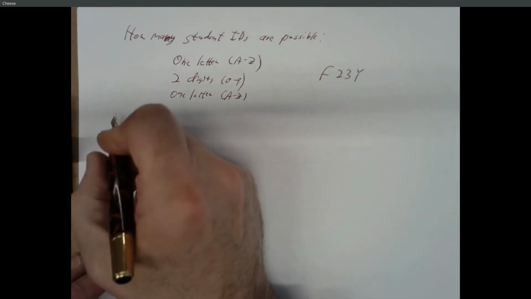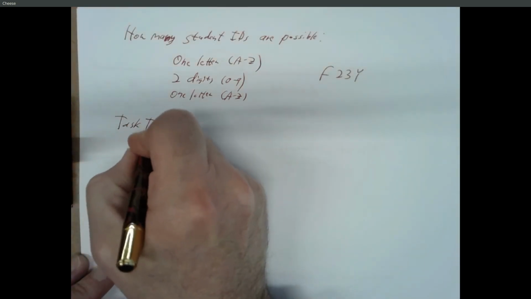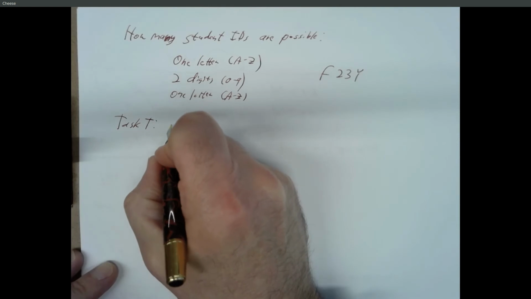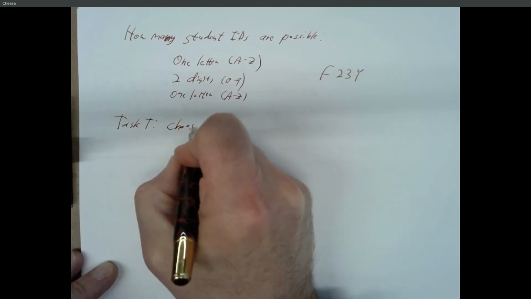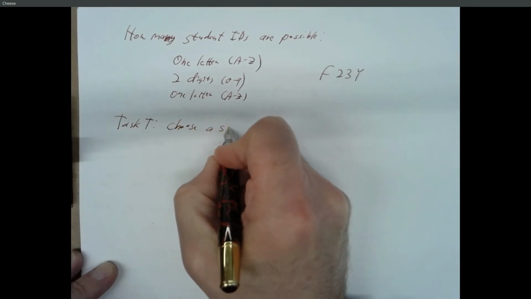This is analogous to the question of if my task is to come up with a student ID that matches this, how many ways can I complete that task? So task T, choose or create a student ID.